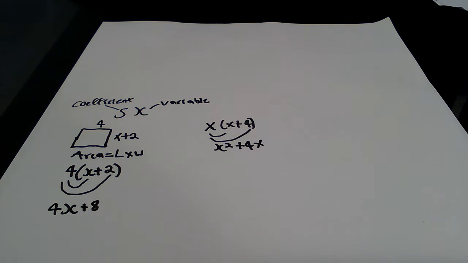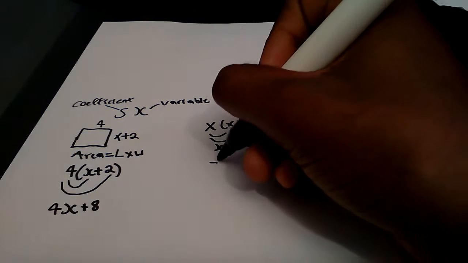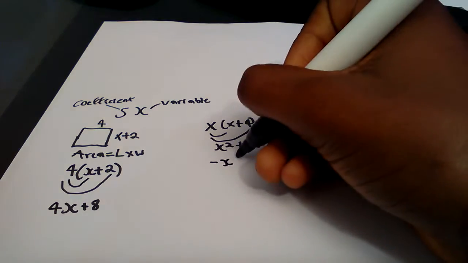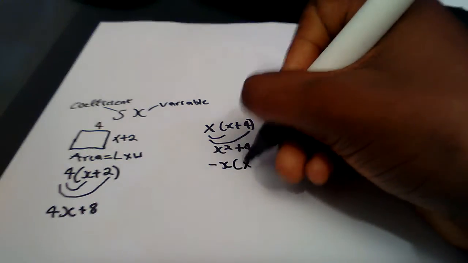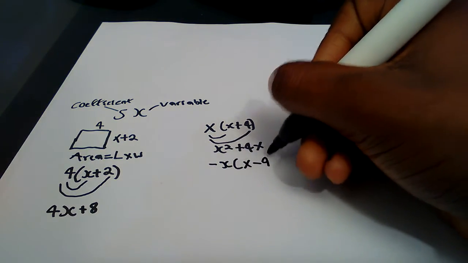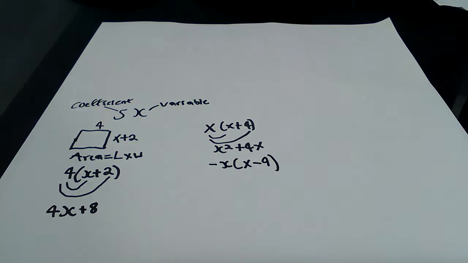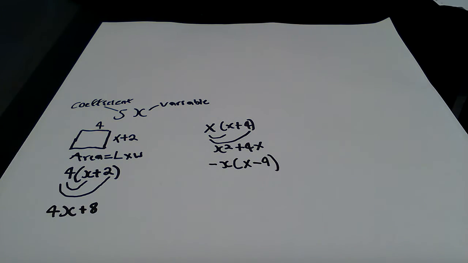Once we've done that, let's do a little bit more easy questions, then we can get to the hard and spicy questions. Secondly, we can do minus x bracket x minus 9 bracket. It's the same: minus x times x.